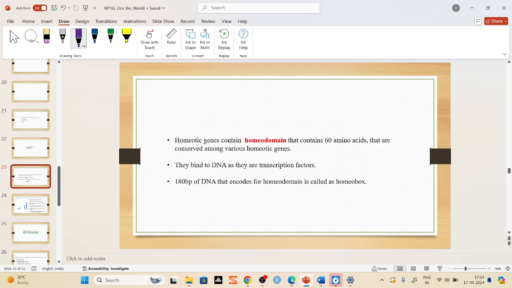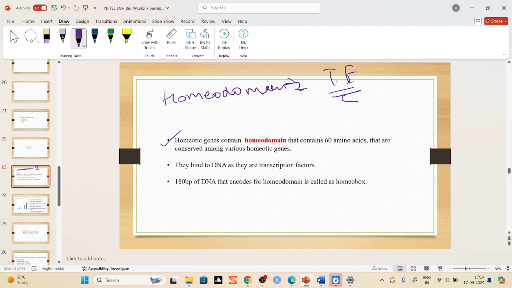So basically, homeotic genes contain a homeodomain, and this homeodomain has 60 amino acids that are conserved among various homeotic genes, and they basically bind to DNA because they are transcription factors. So this homeodomain is basically a transcription factor.